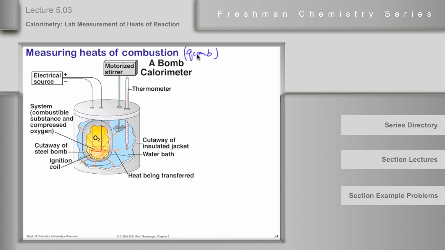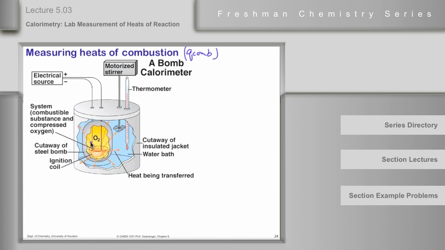And so if we wanted to know what the heat of combustion of, let's say, some new kind of margarine, we'd put it in here, a weighed amount of it, and set up the calorimeter, and then fill it with pure oxygen, an excess of pure oxygen, and then start the reaction going, measure the temperature change that's involved, knowing the heat capacity of the water present and the heat capacity of the calorimeter as well.